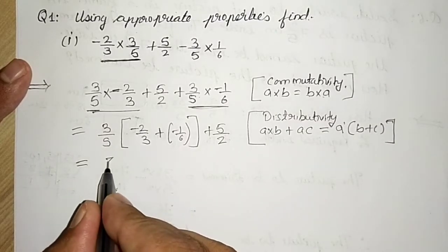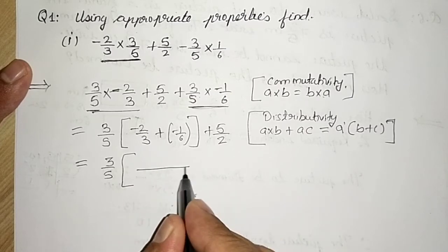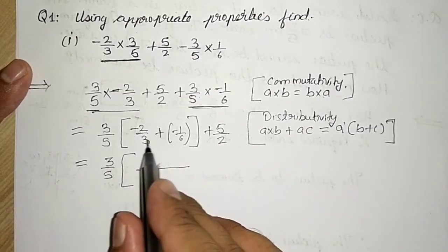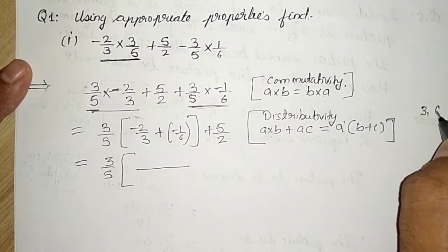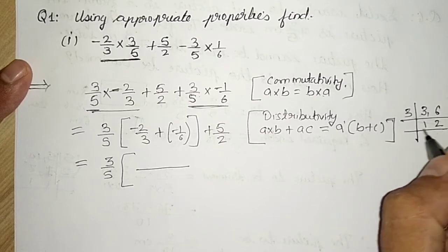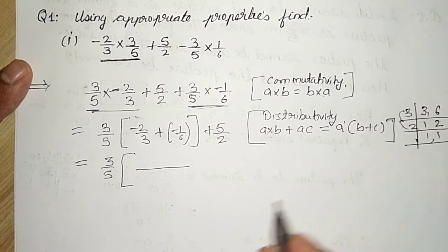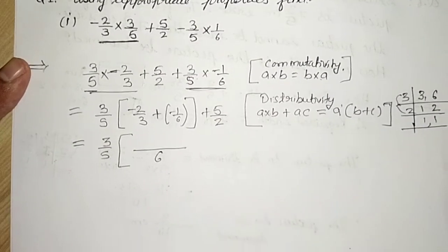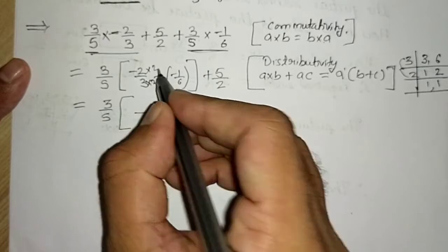Now what I will do, I will solve the bracket portion, and for that purpose I have to take LCM of 3 and 6, which I will take over here in rough. 3 ones are, 3 twos are, 2 ones are. So what is LCM? 3 twos are 6. 6 is the LCM. To make this 6, I will multiply it by 2, so numerator also 2.